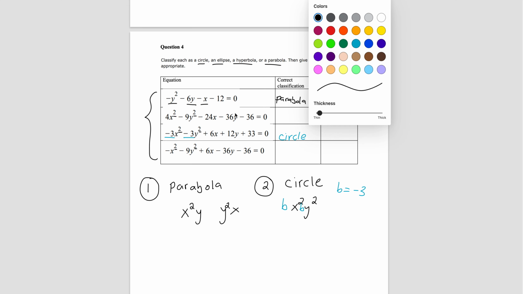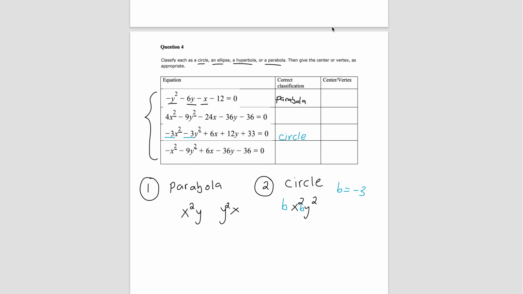And then the other ones are easy too, just by elimination. The difference between identifying if it's a hyperbola or an ellipse is that both of them will have different bases. What do I mean by bases?